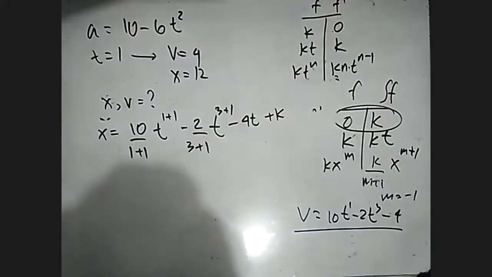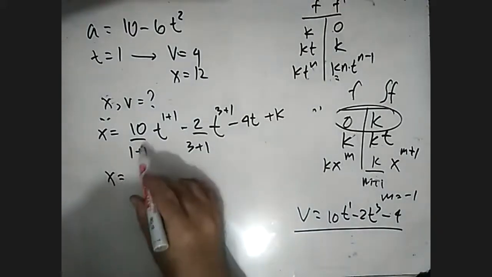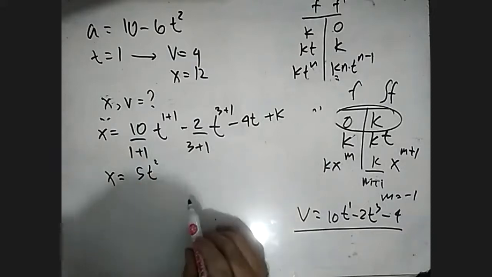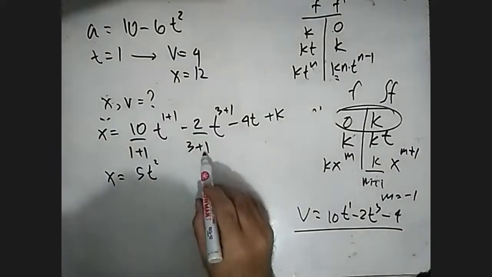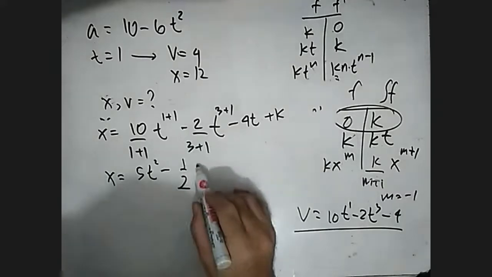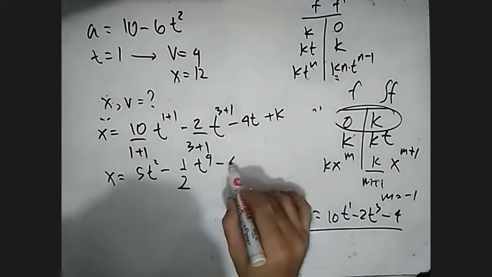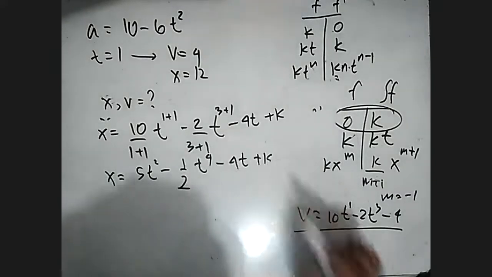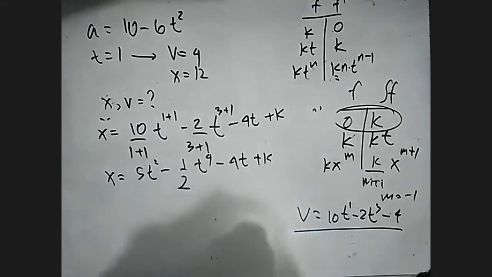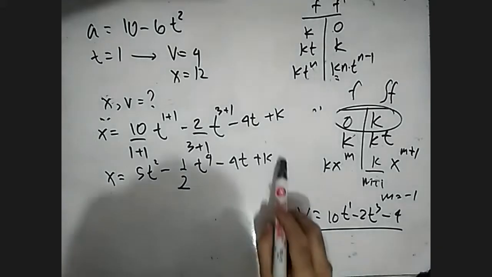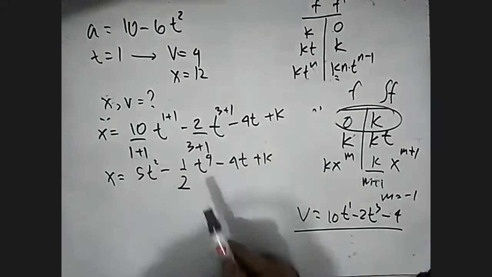Let's simplify first. So x is 5t squared, 2 over 4, I have the minus half t power 4 minus 4t plus k. Now we need to find k. We are helped here.